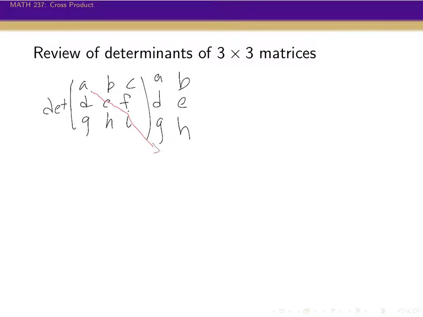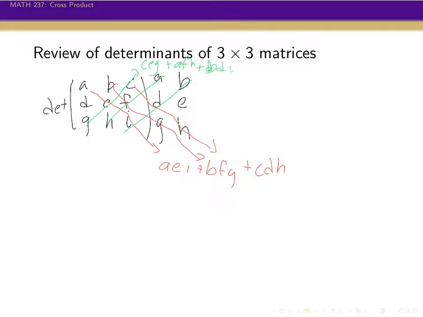So this diagonal would be AEI, plus BFG, plus CDH. And so those are the diagonals you get from going downwards. The diagonals you get from going upwards are CEG plus AFH plus BDI.